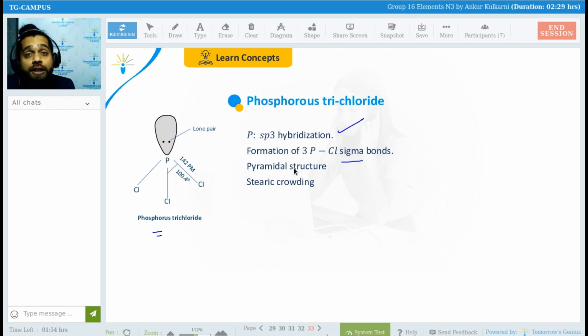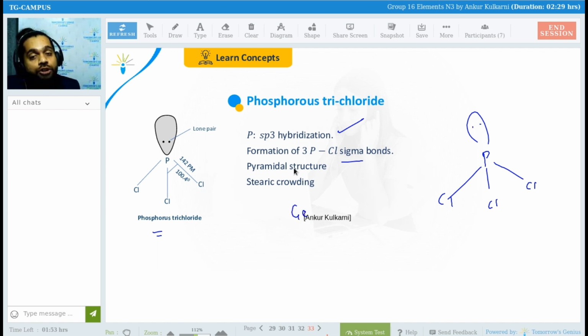When we are doing the shape, we do not consider the lone pair. This is my tetrahedral, but there is a difference between geometry and shape. Geometry is tetrahedral, which includes the lone pair. In the shape, write it down, exclude the lone pair.